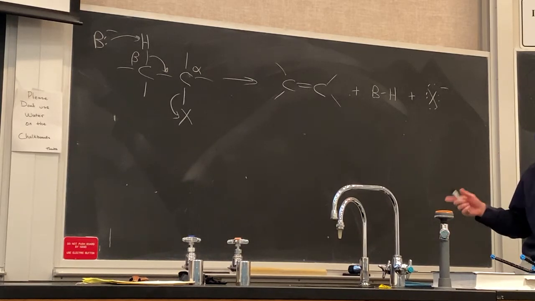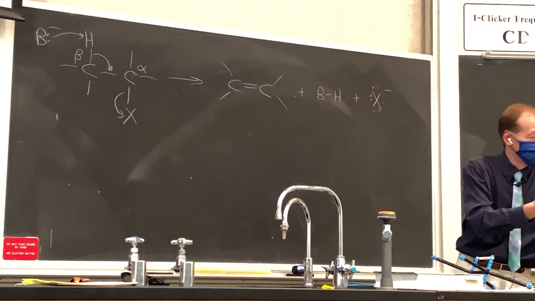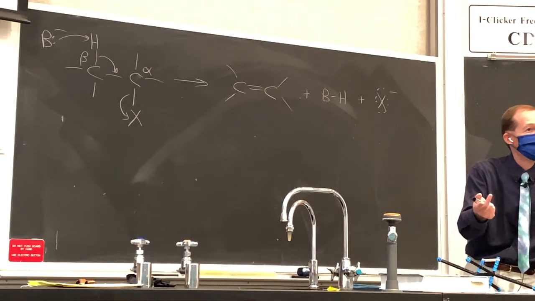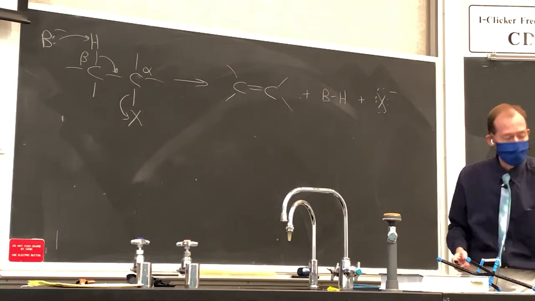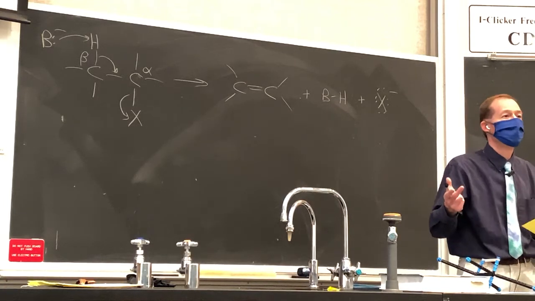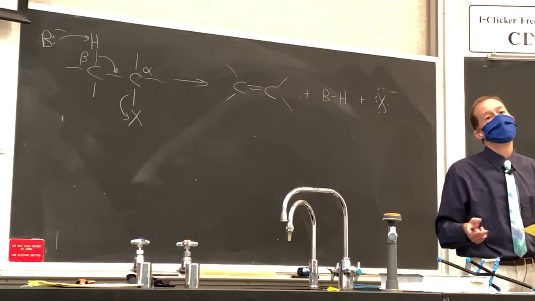So how many bonds and what types of bonds are broken in this reaction? Okay, we have two sigma bonds breaking. What bonds are being formed? A pi and a sigma, okay? So if we look at it that way, we would say that it's going to be endothermic because pi bonds are weaker than sigma bonds.